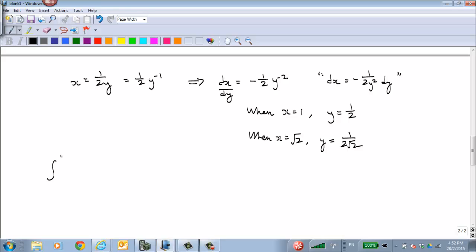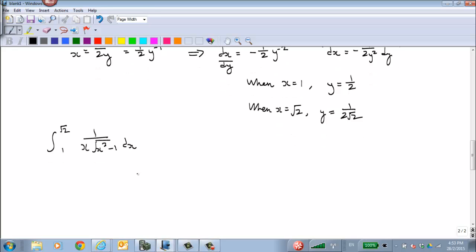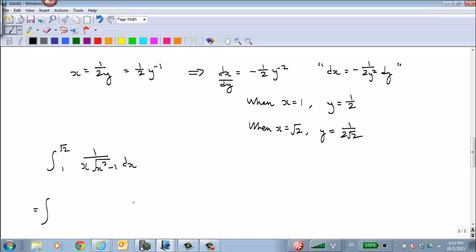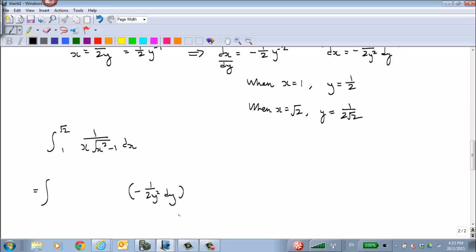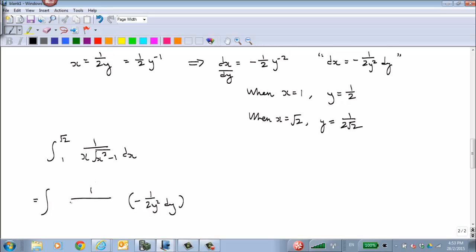So we will be ready to do the substitution. So basically what we need to do is replace the dx, then replace the x, then the square root inside, and of course the limit you replace based on position.